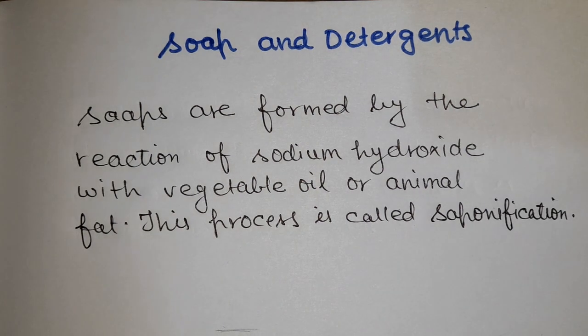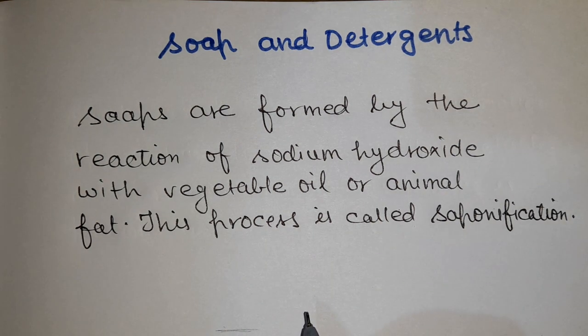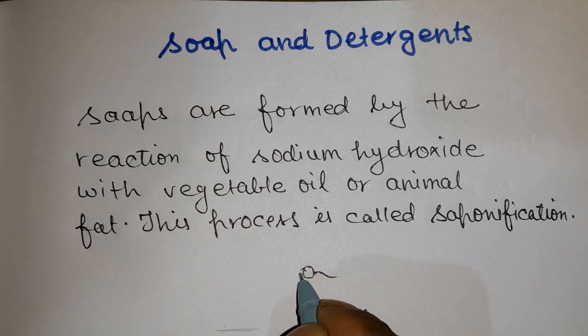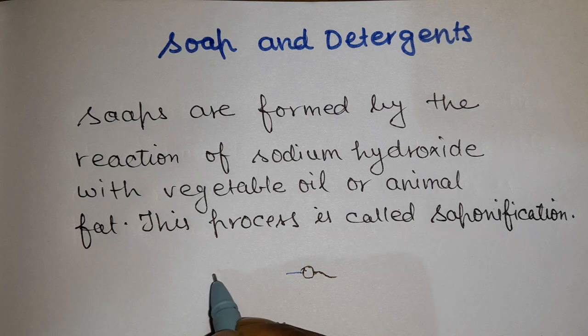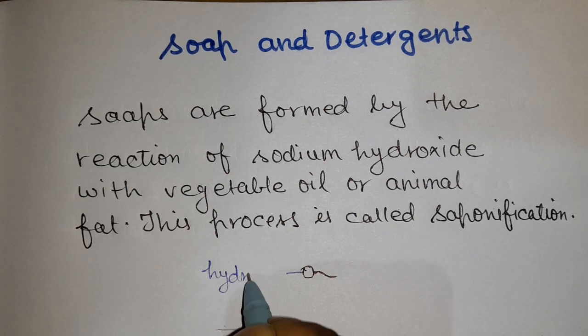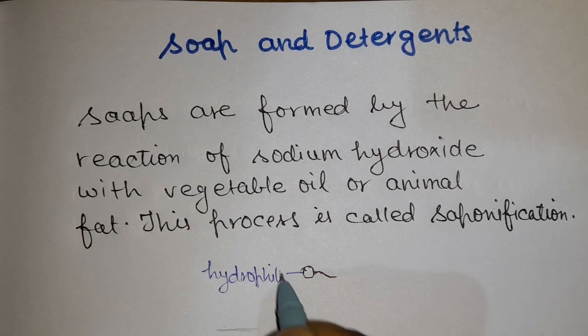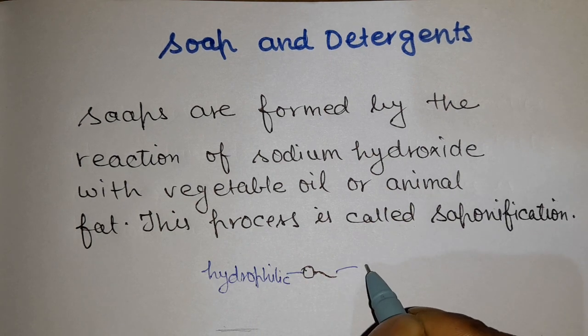If we talk about soap molecules, they are polar in nature, meaning they have two different ends. If we draw a soap molecule, it will look like it has two different poles. One is hydrophilic and another is hydrophobic.